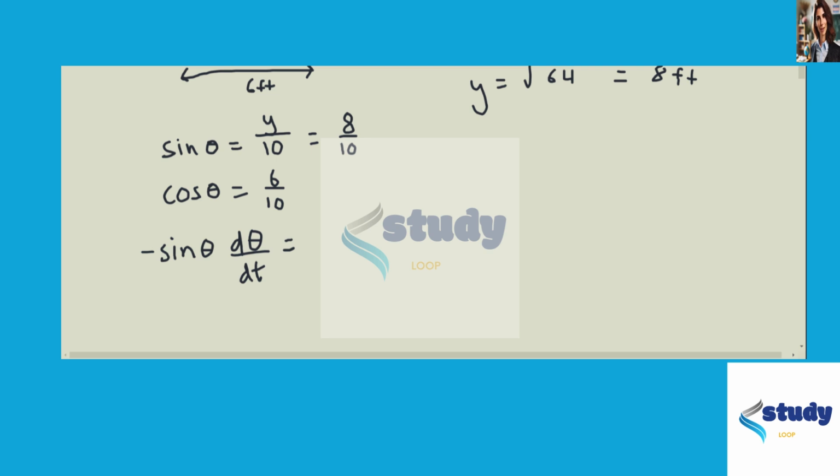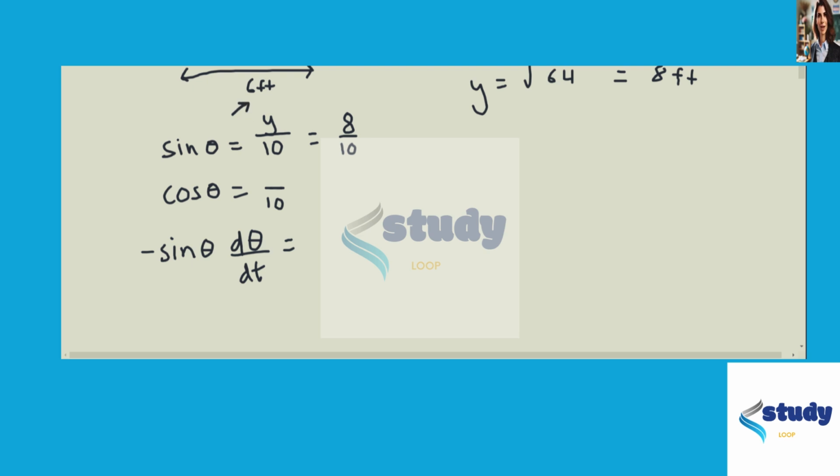And we would have all of that equal to, well, the variable that is changing is this distance here. I've just realized that.